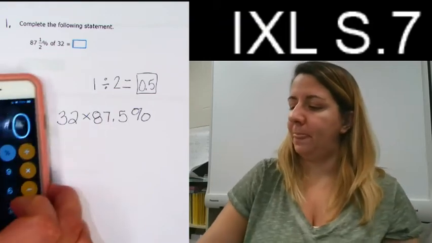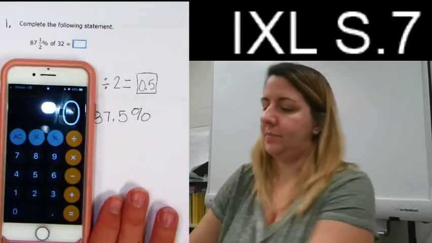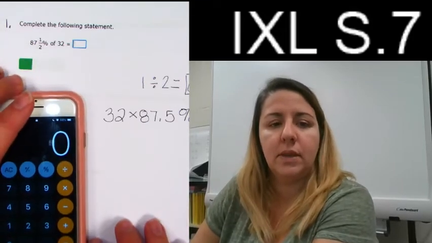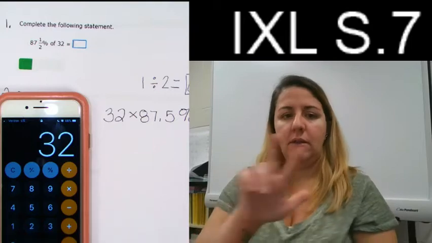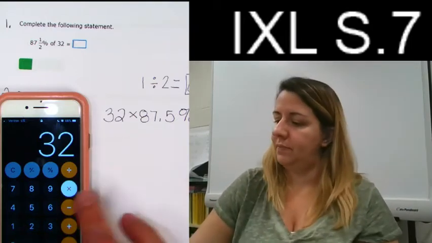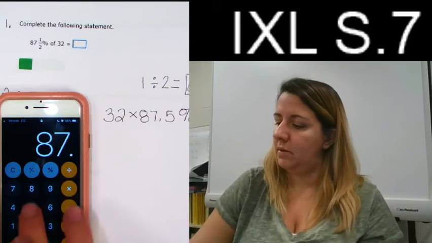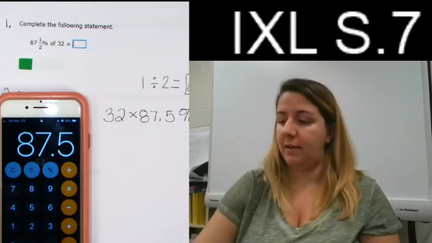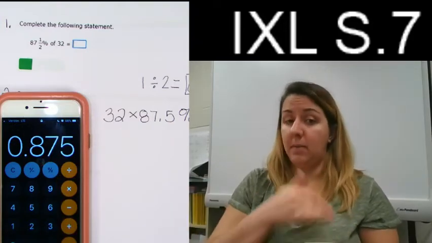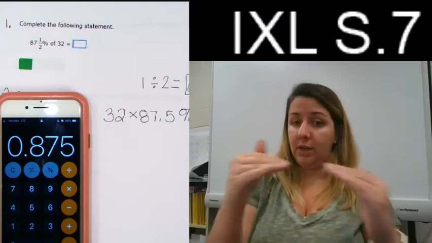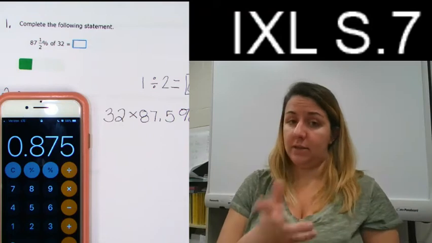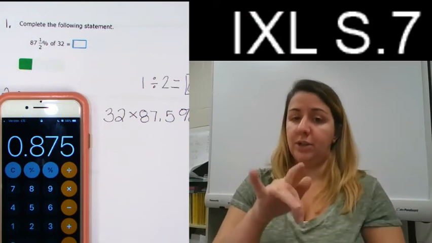So, $32 times 87.5%. Remember, on my phone, I have to push equal. That number is too small to be the answer. It's not the answer. I have to push equal.